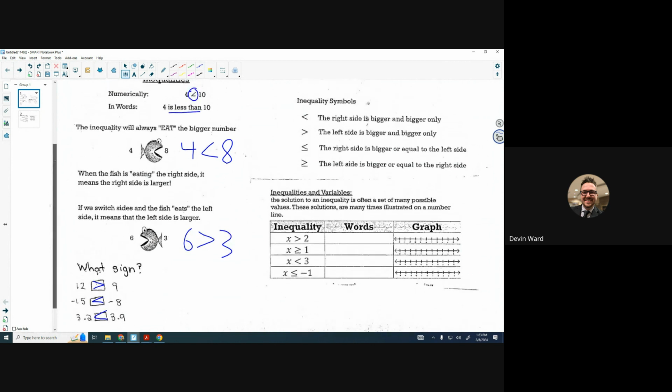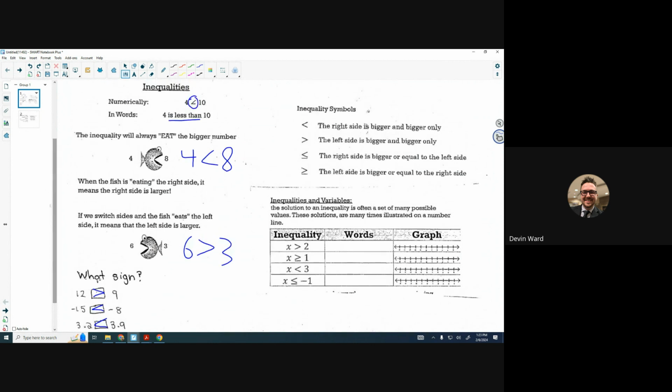So that's what the inequality symbols mean. If I do an arrow with the opening to the right, that means the right side is bigger, and only bigger. If we flip it, that means the left side is bigger, and only bigger. But if I start adding these lines, that represents an equal sign. It's half an equal sign. So this means the right side is bigger than or equal to the left side.